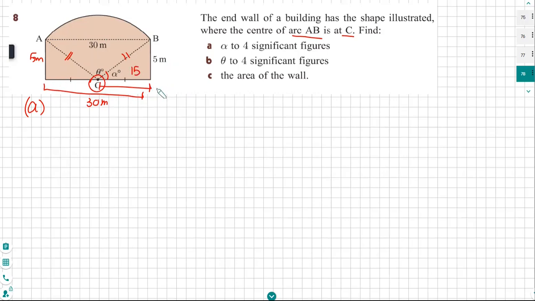Half of 30. So we have a right angle triangle. If I label it as D, we have a right angle triangle BCD, like this, right?